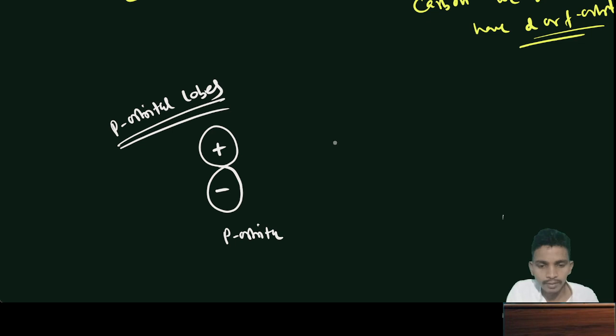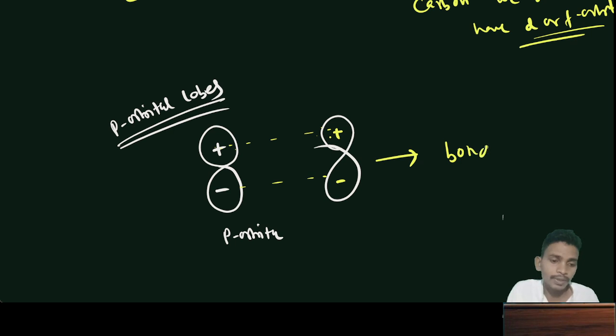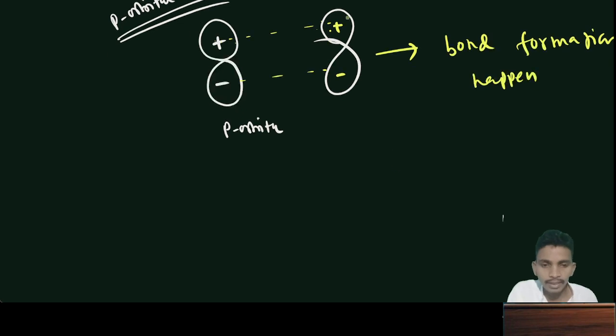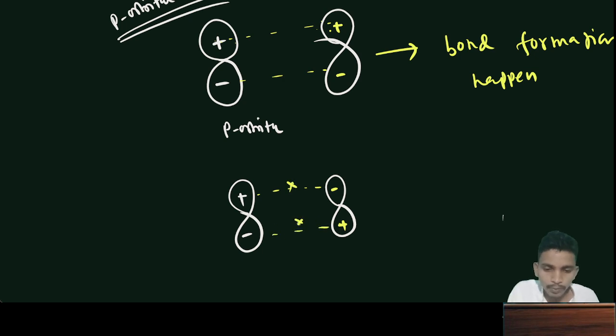If both have positive lobes on the same side, like above this is positive and this is also positive, and negative with negative, then bond formation occurs. But if one is positive and the other is negative, on that side the interaction will not happen, because positive and negative do not interact. In this case, no bond formation will occur.